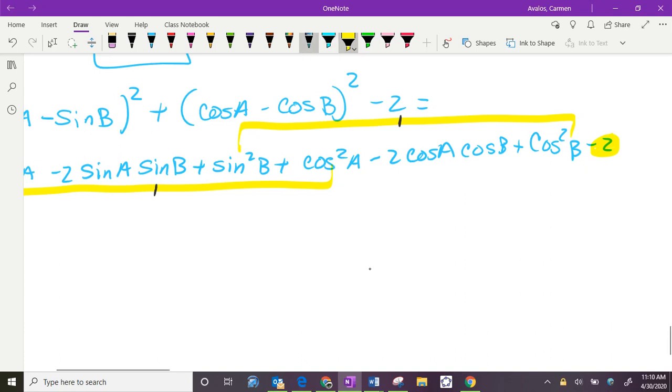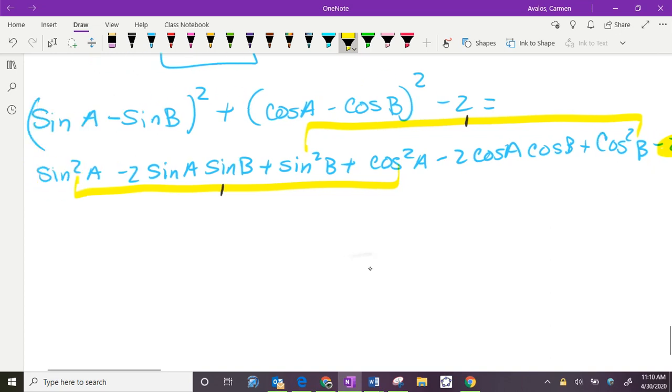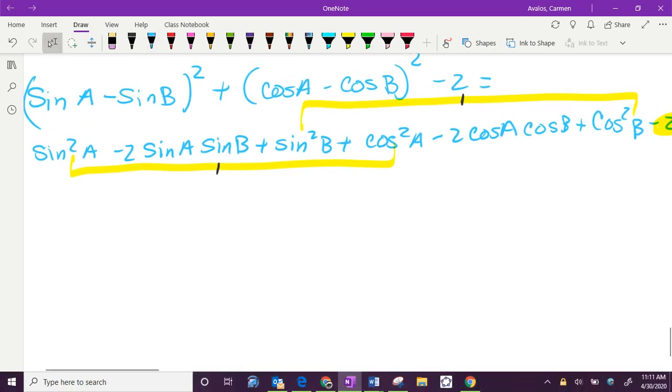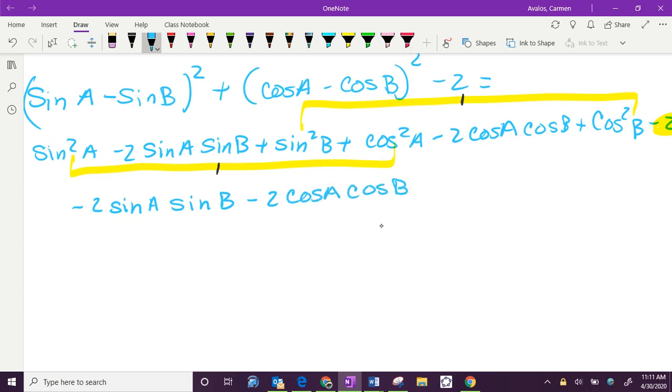So 1 plus 1 minus 2, that's going to cancel. And so now we're going to be left with negative 2 sine A sine B minus 2 cosine A cosine B. And that's what we get because those cancel.